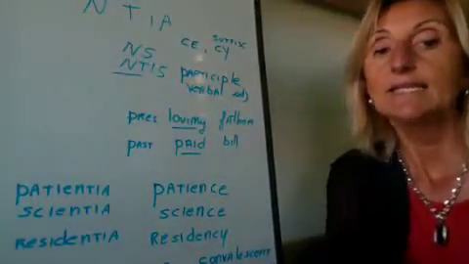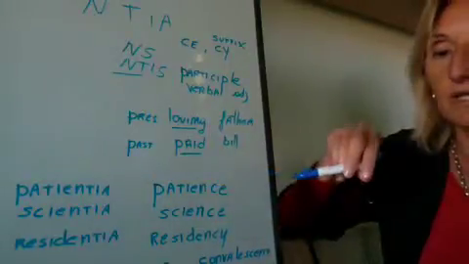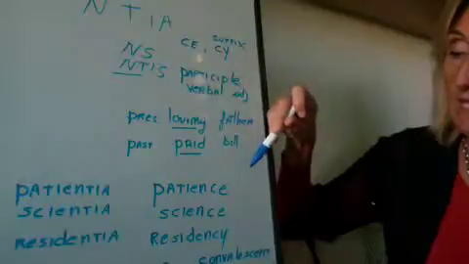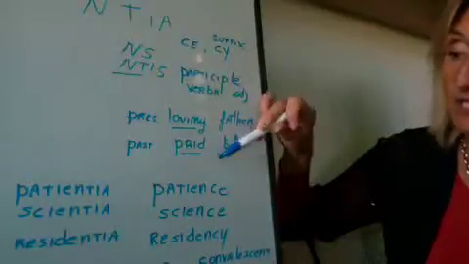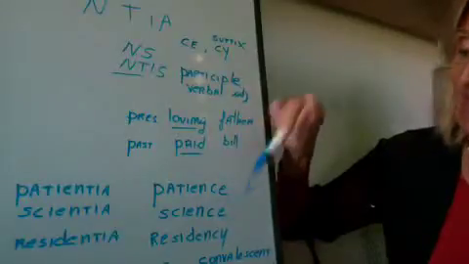That gives the following English nouns: patience, science, residency.